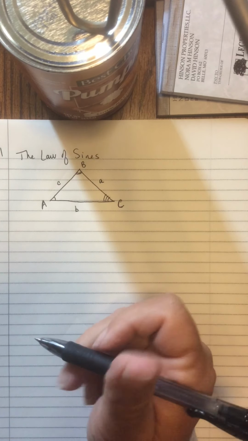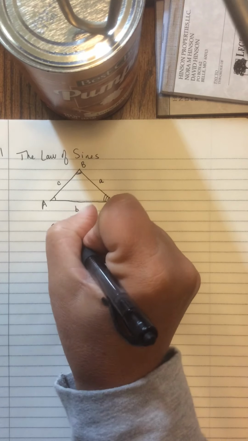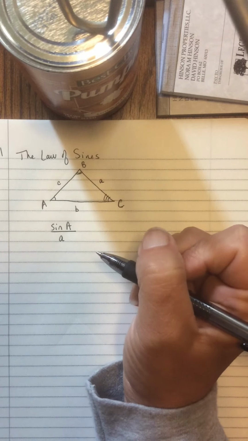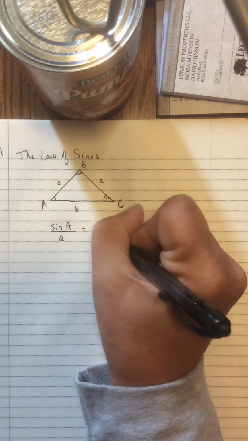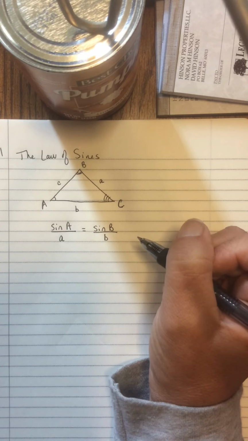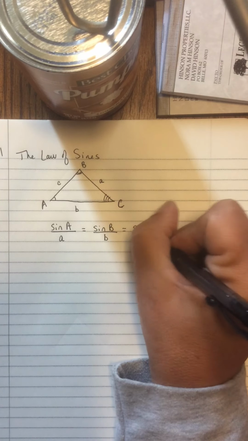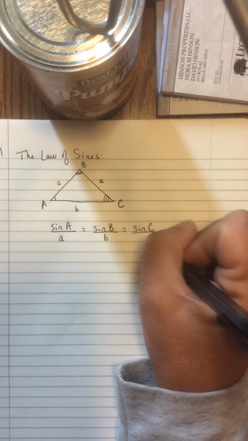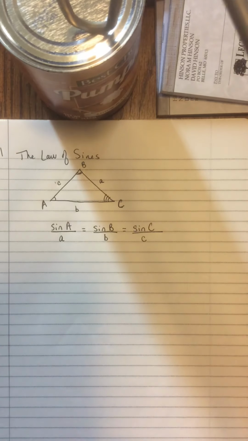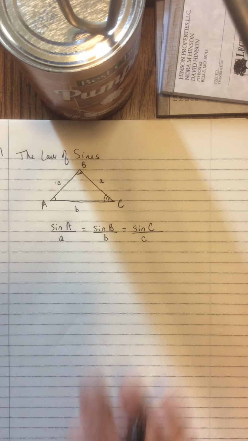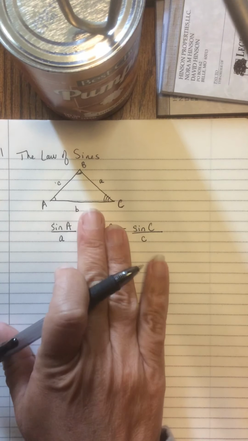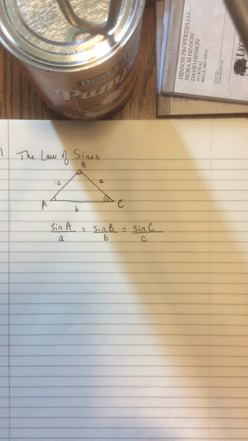The law of sines says that if you take the sine of angle A over the length of side a, it is equal to the sine of angle B over the length of side b, and the sine of angle C is equal to, you guessed it, side c. Now you don't have to use all three at once. You can use just that pair, just that pair, just this pair. It's whatever you want to use.